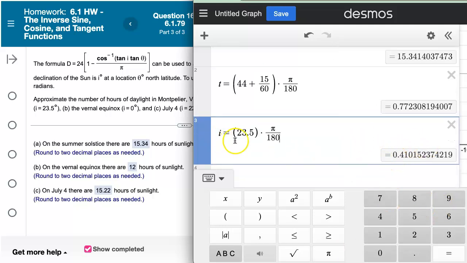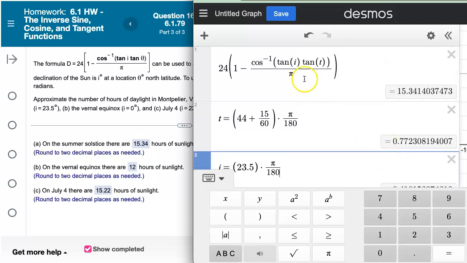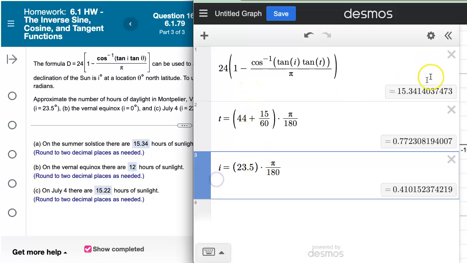So I get here that 23.5 degrees is equal to 0.41-ish radians. And if I come back up to the top, notice that I no longer have that caution symbol that was here before when I didn't have values for T and I. Instead, I have the value when T is this value and I is this value.